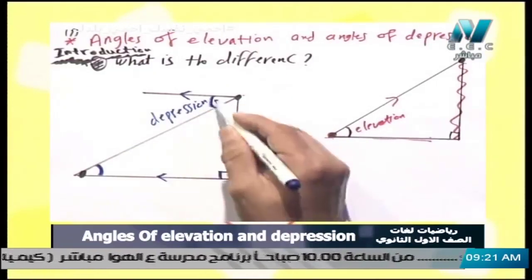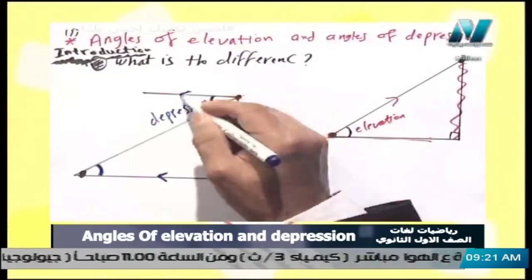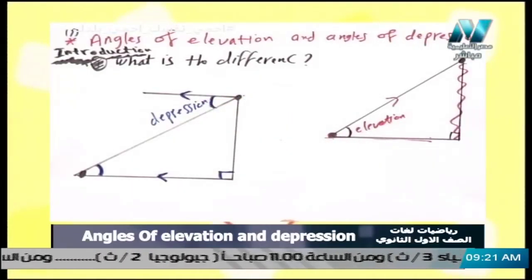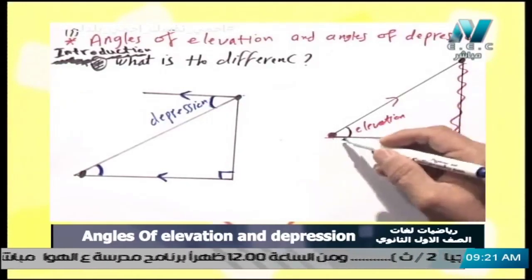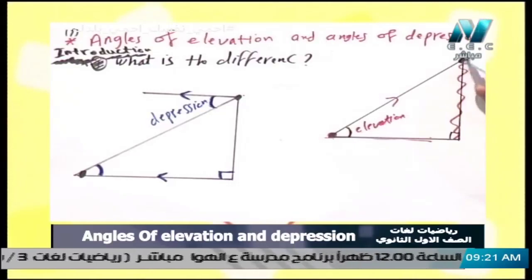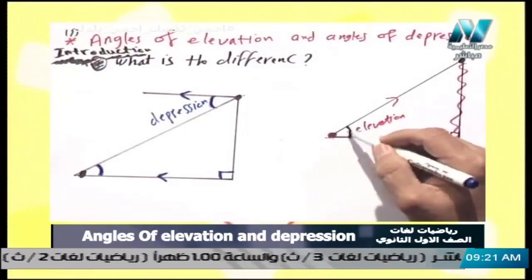Okay, and this angle equals this angle by alternate angles because these two sides are parallel. So when someone is looking at something up there, it's the angle of elevation.